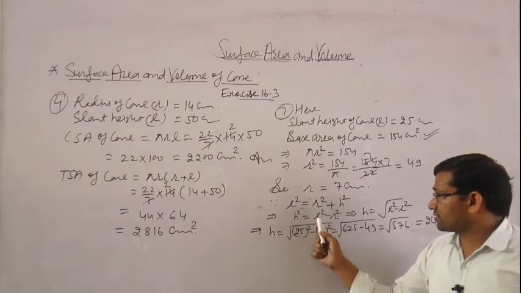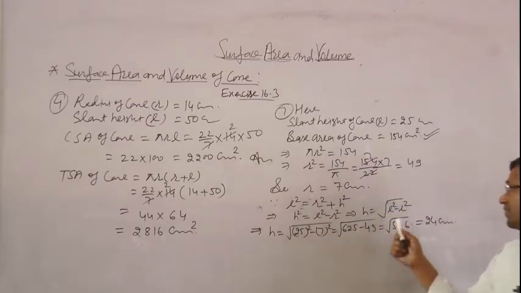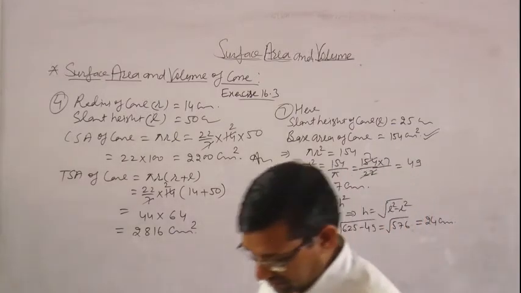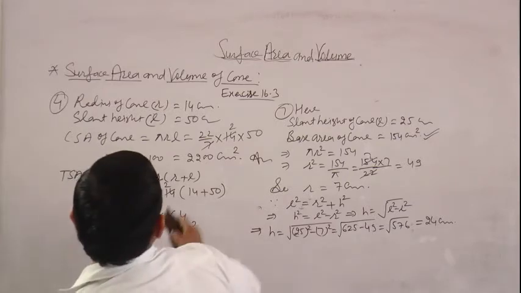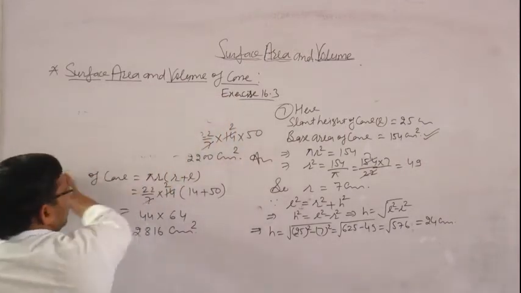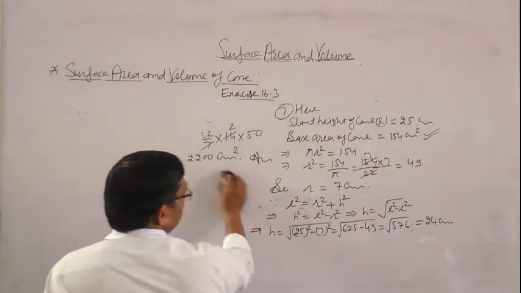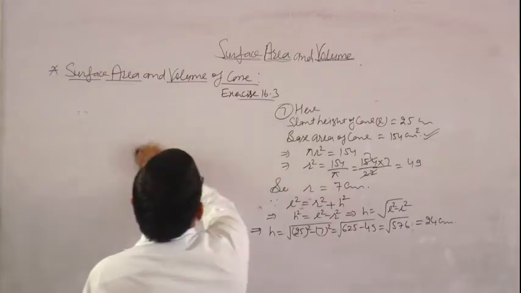So H is equal to square root of L square minus R square, that is 25 square minus 7 square, 625 minus 49 is equal to 576, and square root of 576 is 24 centimeter. So this is height of cone. So height of cone is 24 centimeter.